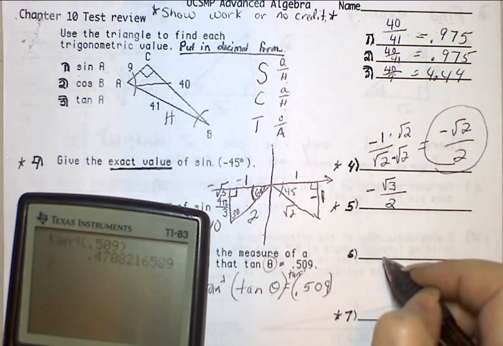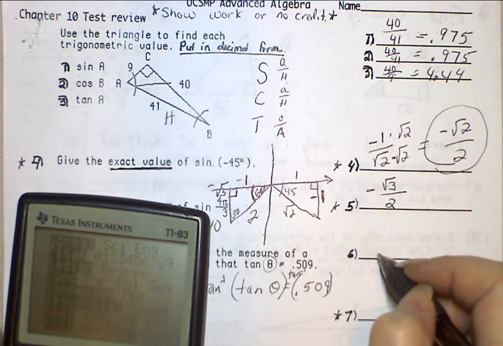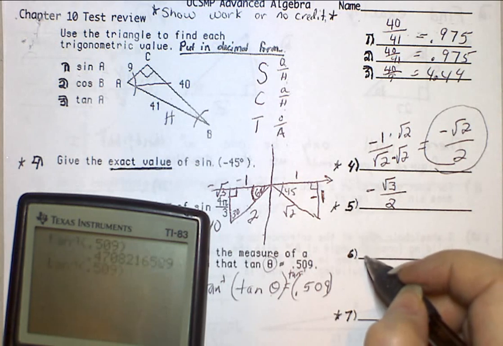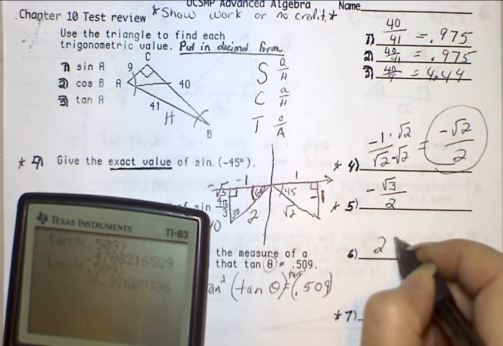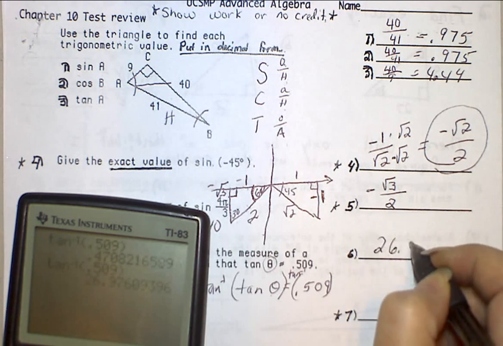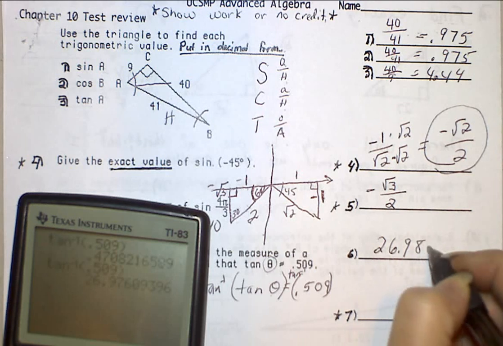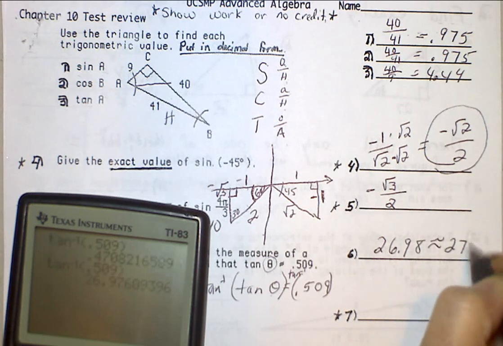I make sure my mode is in degree, and my mode is not in degree. It kind of looked wrong, because I'm like, that doesn't look like a good angle. So 26.98, or approximately 27 degrees.